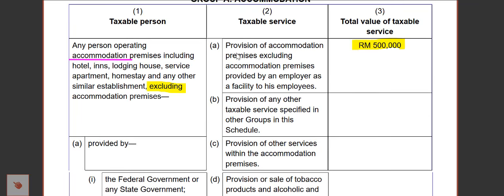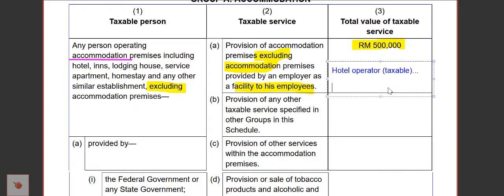If you see, they define accommodation as excluding accommodation provided by an employer as a facility to his employee. So that means if you're an employee, it will not be regarded as a taxable service. Again, an example: let's say you're a hotel operator and you are taxable.